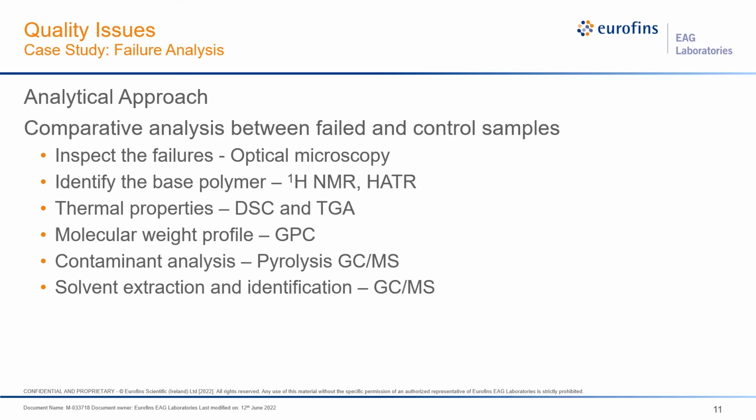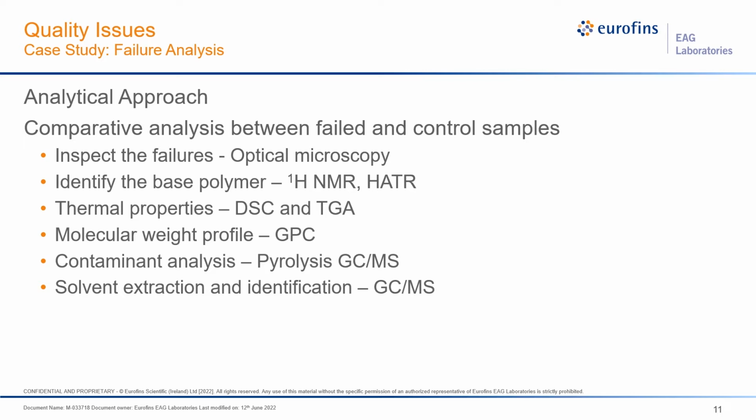Molecular weight using gel permeation chromatography was examined. Having an incorrect molecular weight will impact the performance property of a material. In this instance, the molecular weight was confirmed and the values were shown to be equivalent between the failed sample and the control sample. Pyrolysis gas chromatography mass spectrometry was run to look for contaminants.